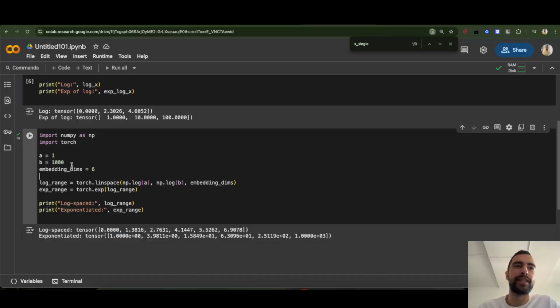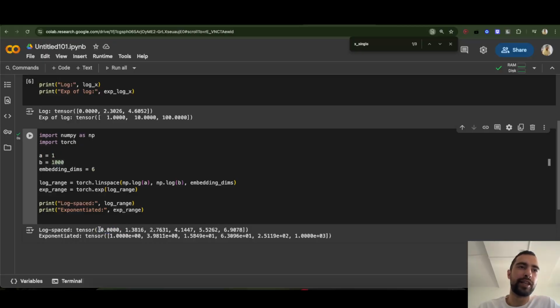So let's summarize again. We want to create 6 numbers between this range, but they should grow exponentially. So instead of using linspace to calculate the numbers, we use linspace to calculate the exponents. So they grow exponentially later. So to calculate exponents, we don't calculate them from 1 to 1000, we calculate them from 0.